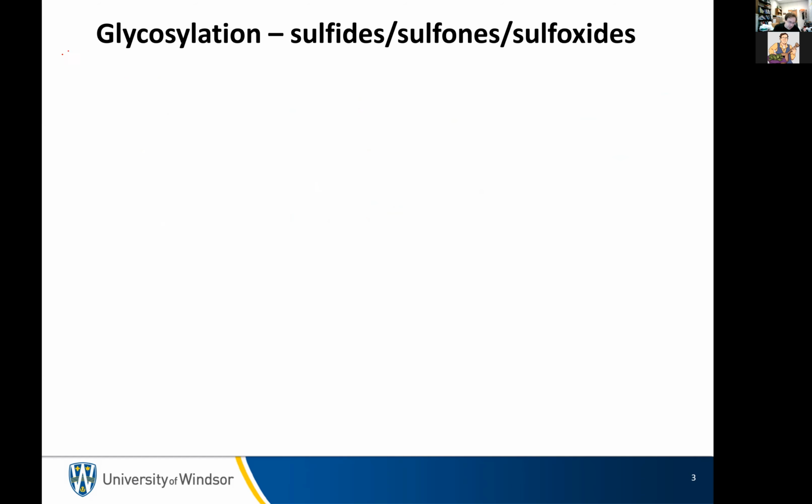So for the synthesis of these, in almost every case, you are going to make the sulfide. You don't make the sulfoxide and sulfone from anything but the sulfide. So you make the sulfide, then you oxidize it up. It just gives you better control.